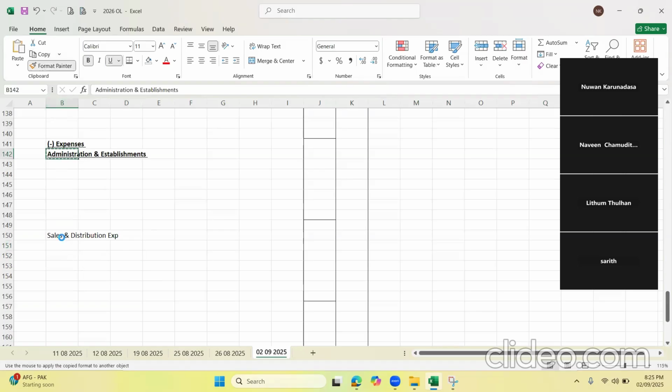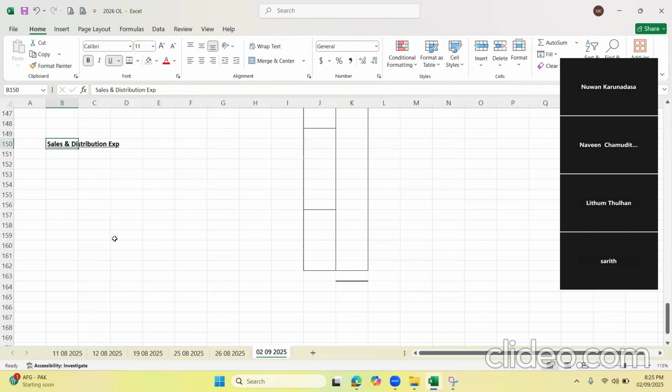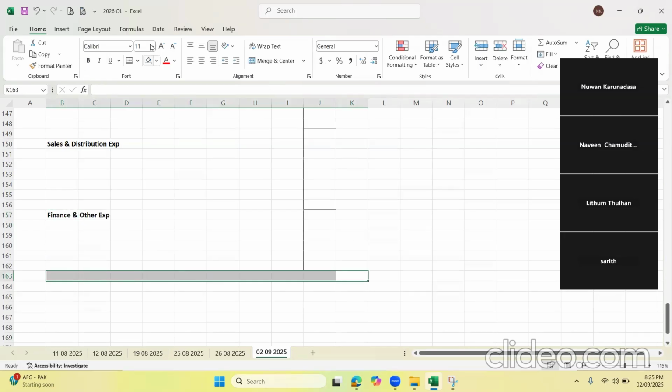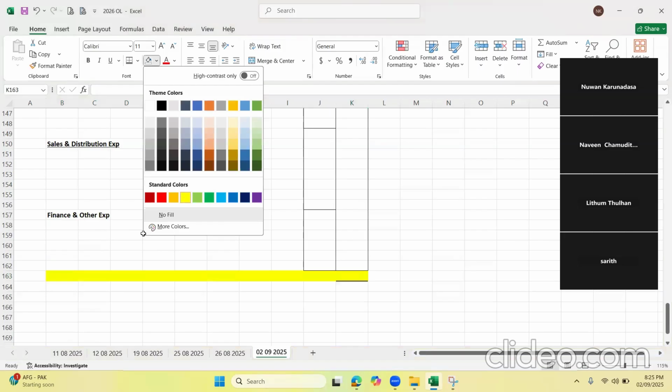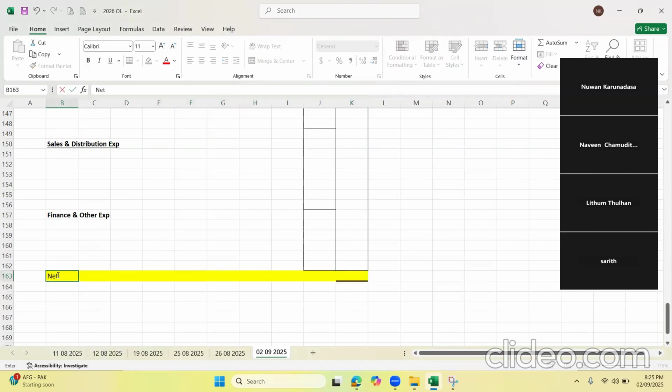Then the third one is finance and other expenses. Then you can arrive at the final figure here, that is the profit for the period or the year. Net profit for the year.